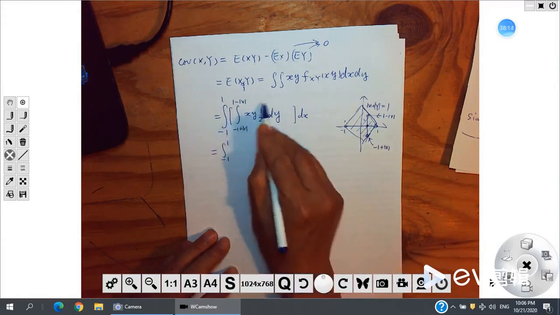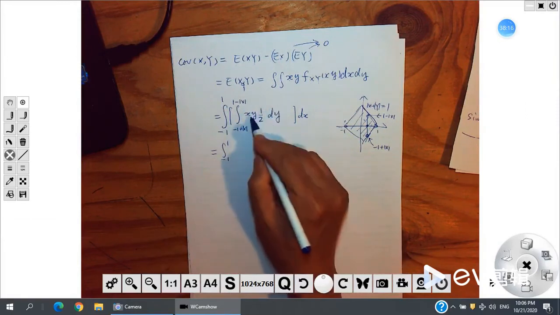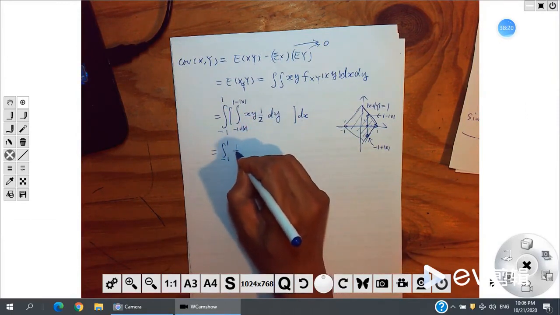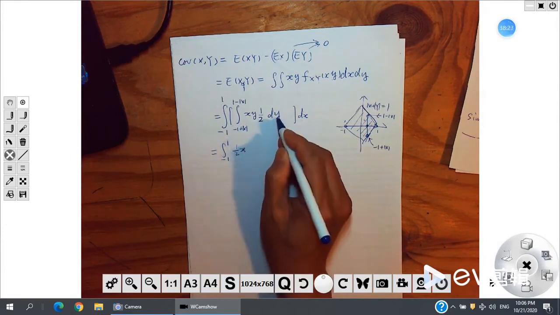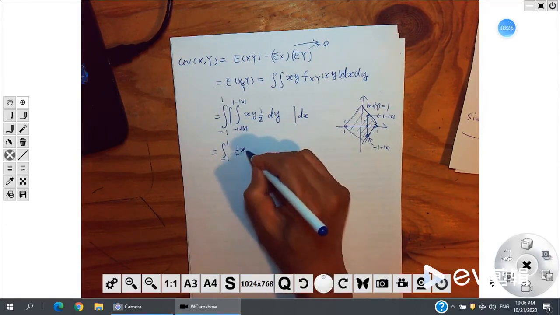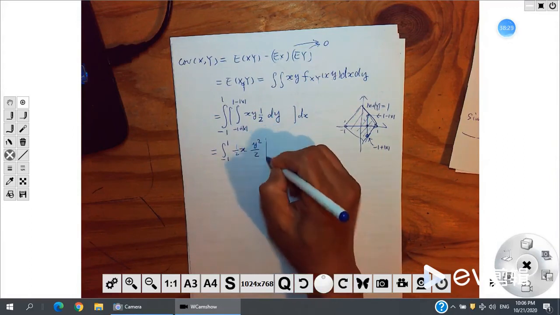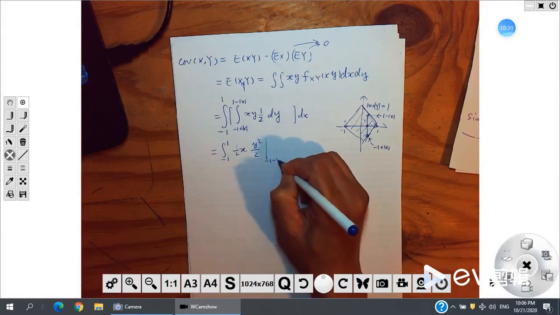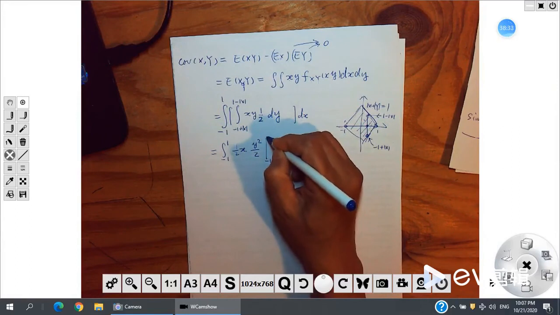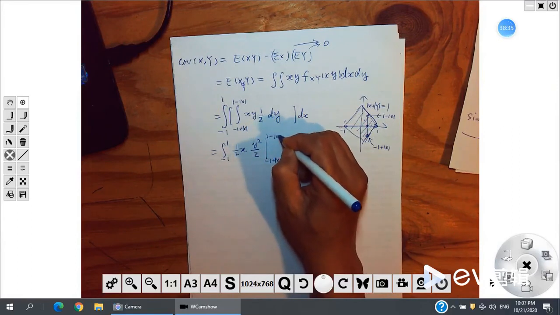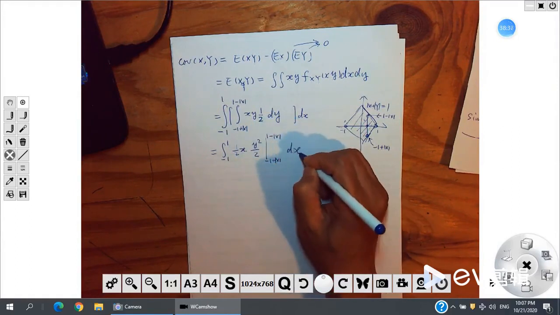I do the integral of this part firstly. X and this 1/2, you can think they are constant for this integral, right? The integral for y now will be y squared over 2, and y will run from negative 1 plus absolute value of x to 1 minus absolute value of x, dx.